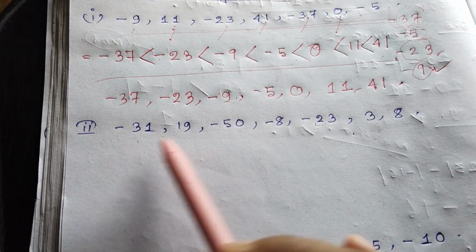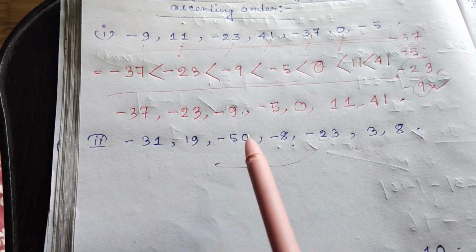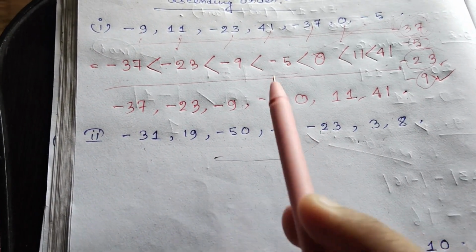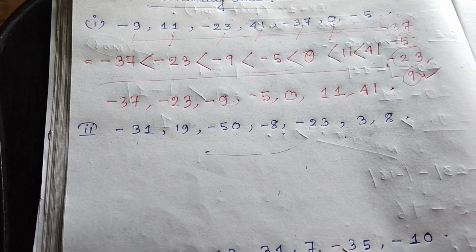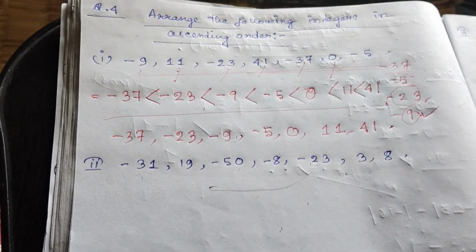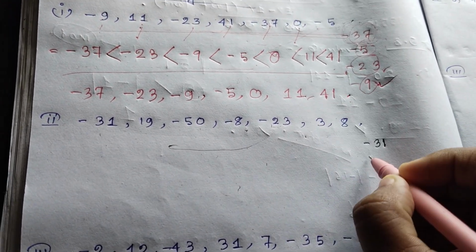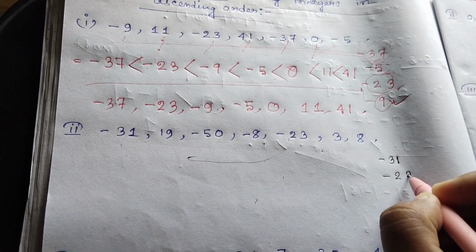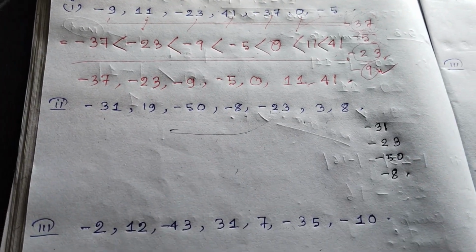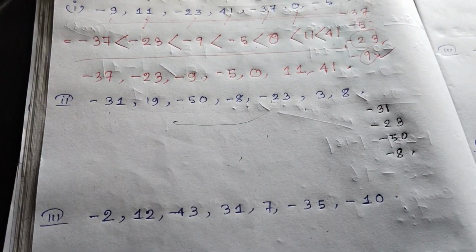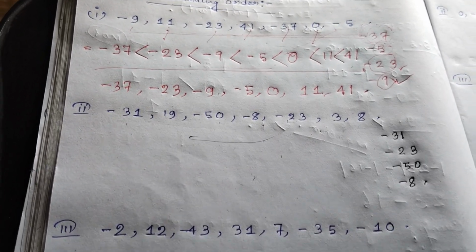First of all we have to arrange these negative numbers in ascending order, then we will cover the positive integers, right? So -31, -23, -50 and -8. As I covered in the previous video, how to compare negative integers, we know that very well.